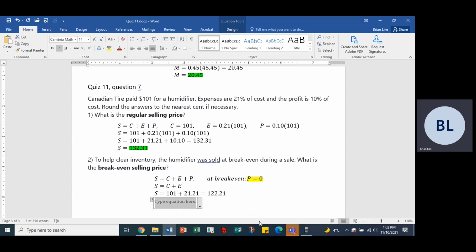Okay, so that is the break-even selling price. So it might be a good idea just to put in here break-even selling price. All right, so this should be the answer, 122.21. Hopefully that is correct.